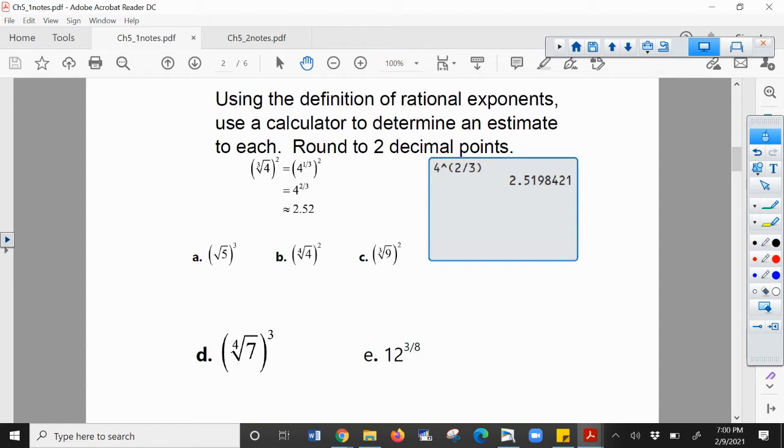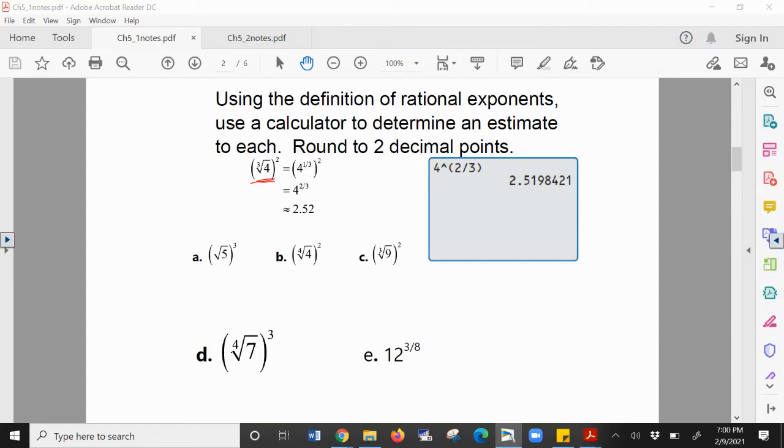So the example here is that if I want to find the 3rd root of 4 to the 2nd power, this thing in here, the first thing I'd do is convert it to 4 to the 2/3 power, and then I can pop that into my calculator like this: 4 to the 2/3, and notice that they have 2/3 in parentheses.